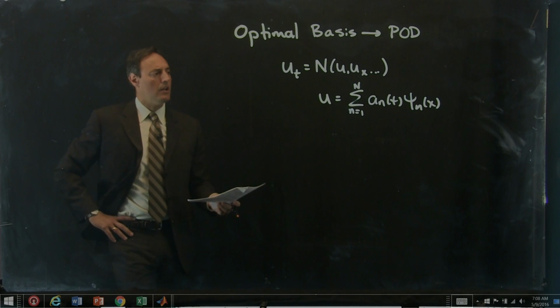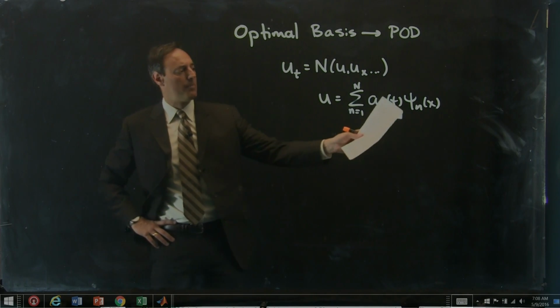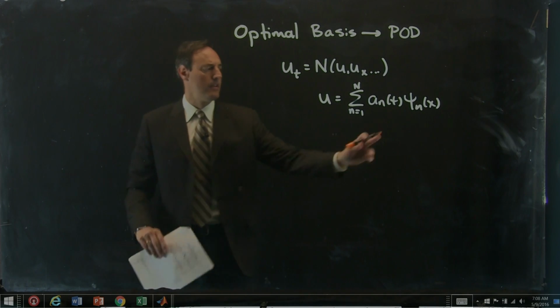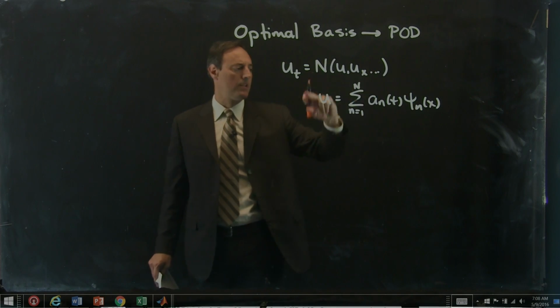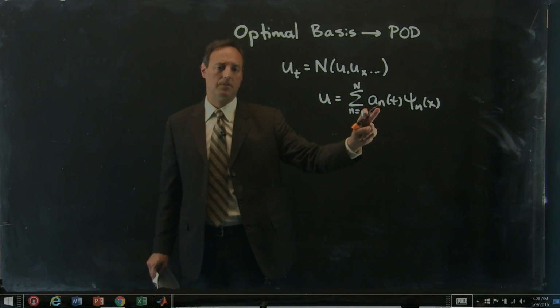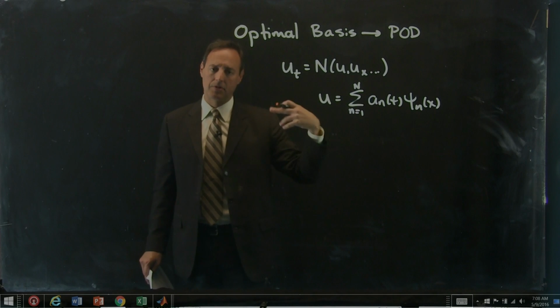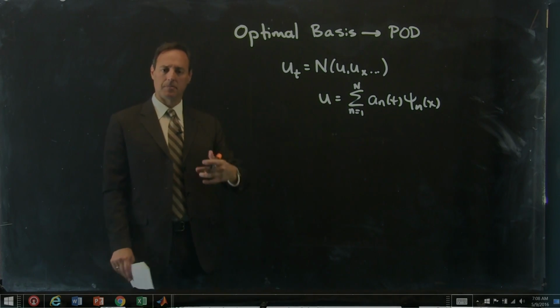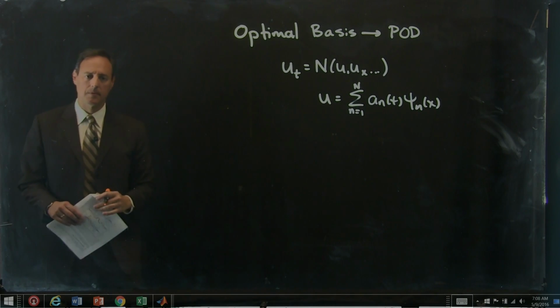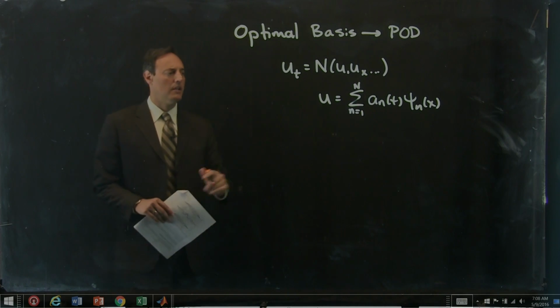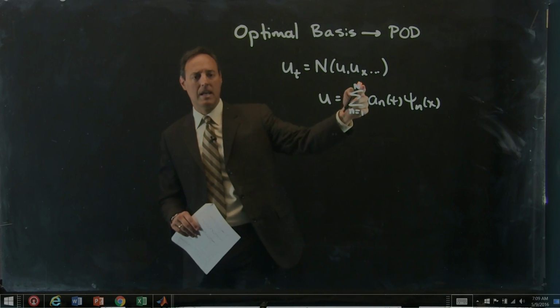And the philosophy here has been that if I pick a nice basis set, psi of n, then I plug this in, I'm going to get a system of differential equations for the a of n, and I'm going to solve those by just time-stepping with something like an ODE45 scheme. Now, interestingly, there's this parameter n that sits up here.